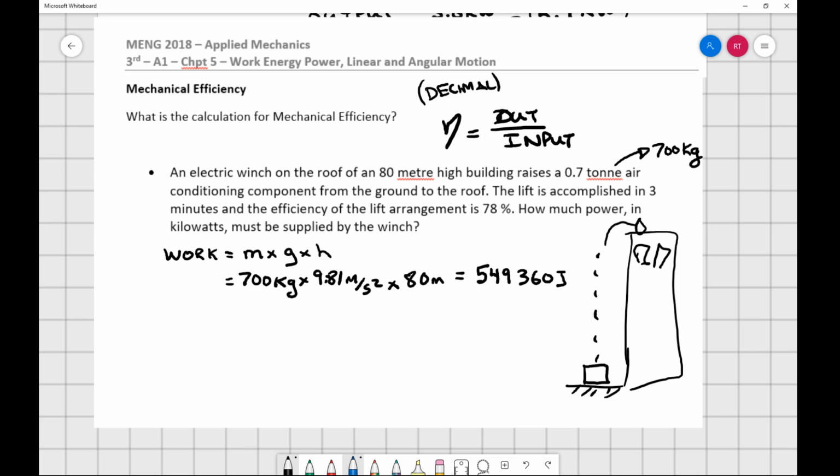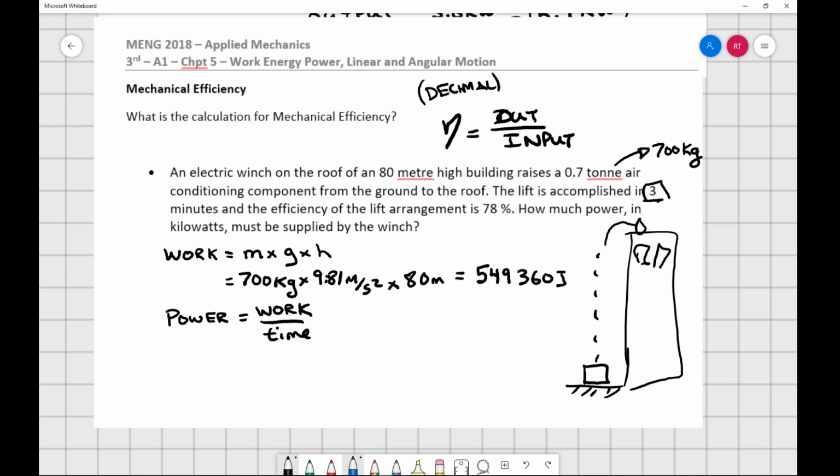Power, what I'm going to find is the power required to just do the work, so without looking at the winch. So the power is going to be work over time, or energy over time.